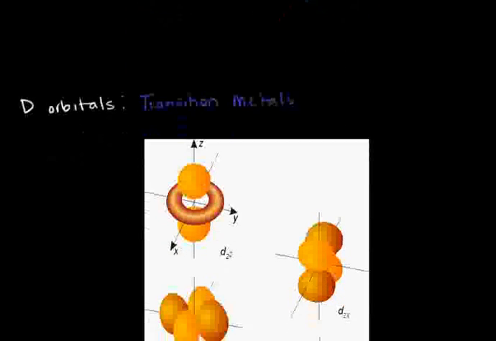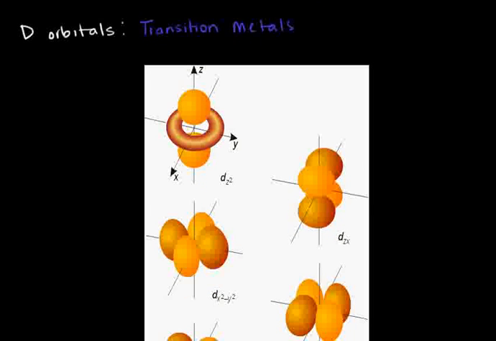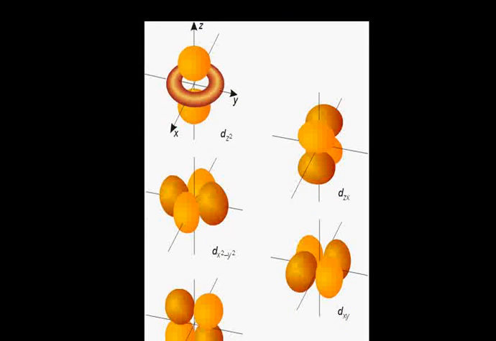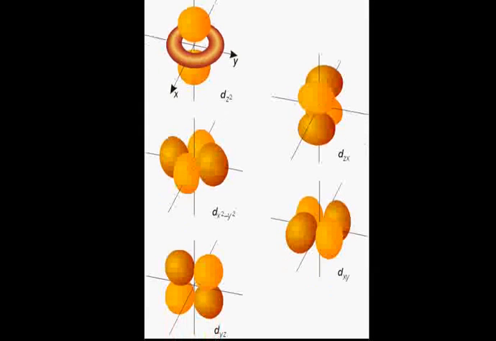We can move beyond the p level, and the elements in the transition metal sequence of the periodic table have electrons in d orbitals, which look like this. They're these kind of weird, complicated shapes that extend in different directions. But the idea is always the same. There's a 90% chance that electrons reside in these orbitals. And the farther out you go with these orbitals, the higher energy electrons you have.